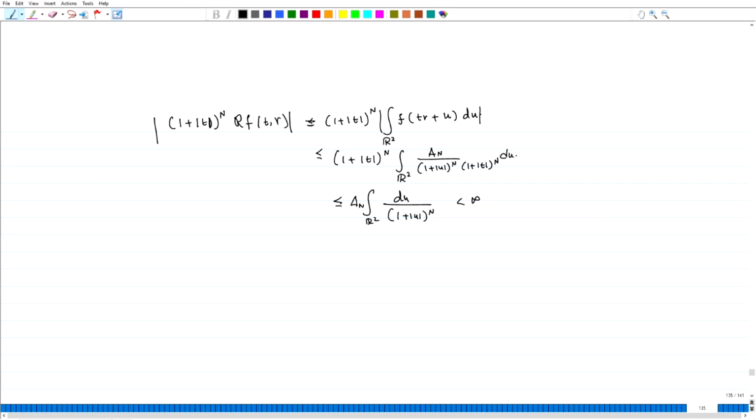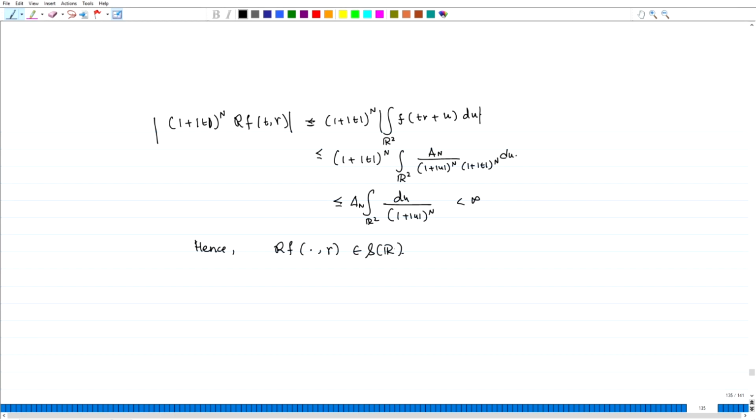Exactly the same kind of argument we can give for the derivative with respect to t. So, we get that Rf(., gamma) belongs to the Schwartz space of R.